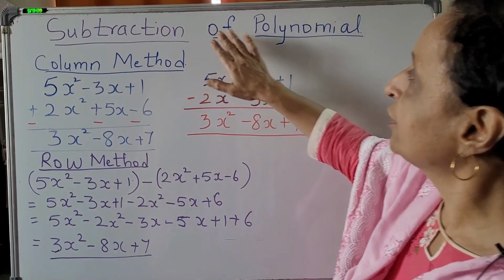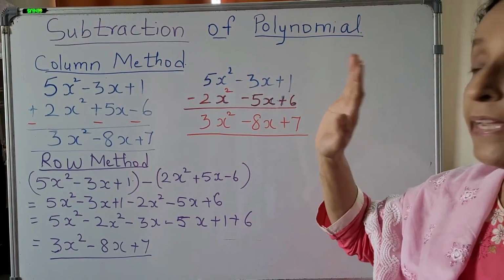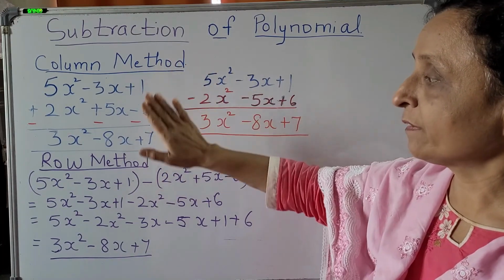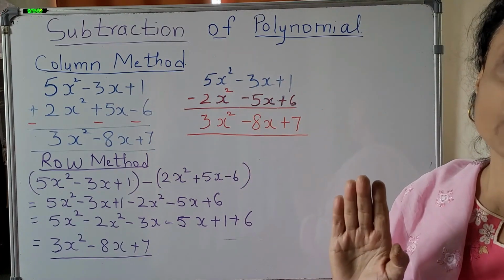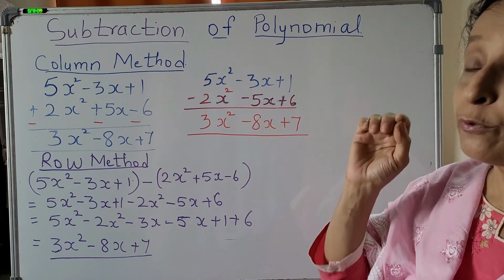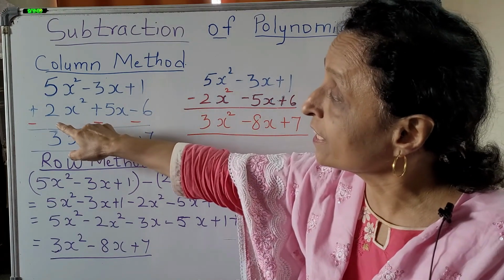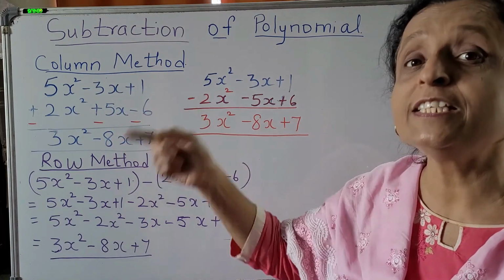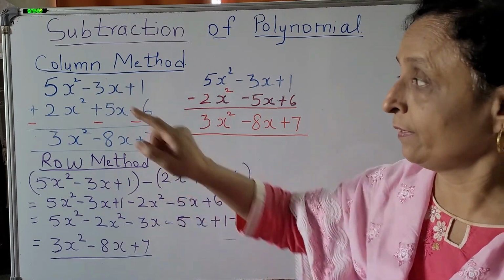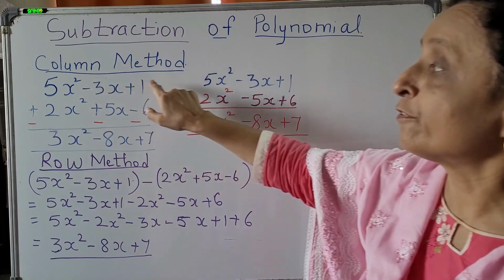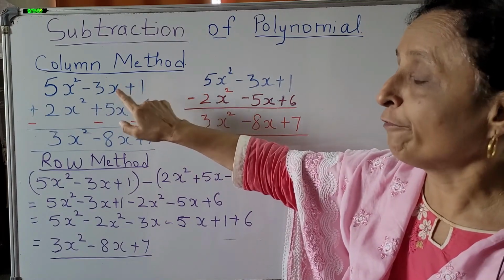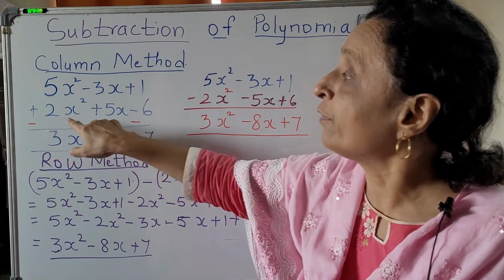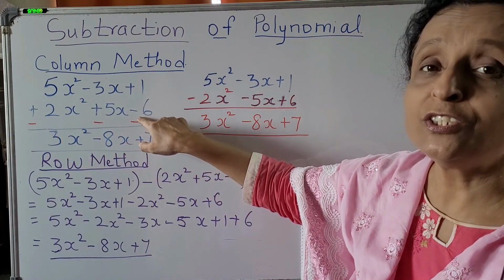Now, the subtraction of polynomials again can be done by two methods: the column method and the row method. What you have to actually do is change the sign of each term of the second polynomial. This is the first polynomial and you have to subtract the second, so the sign of each term of the second polynomial has to be changed.